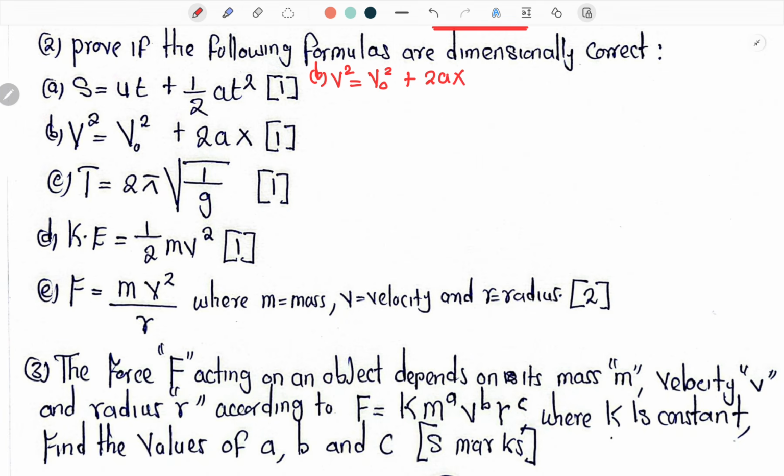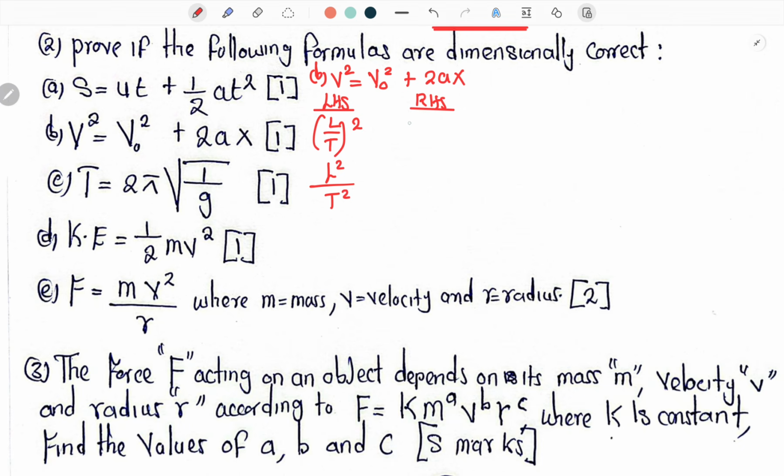What are the dimensions of velocity? So we're going to say left-hand side. On the left-hand side, we know the dimensions of velocity to the power 2. So we're just going to have our L over t to the power 2, which is going to be L to the power 2 over t to the power 2. And then on the right, we see what we're going to have. We can say right-hand side.